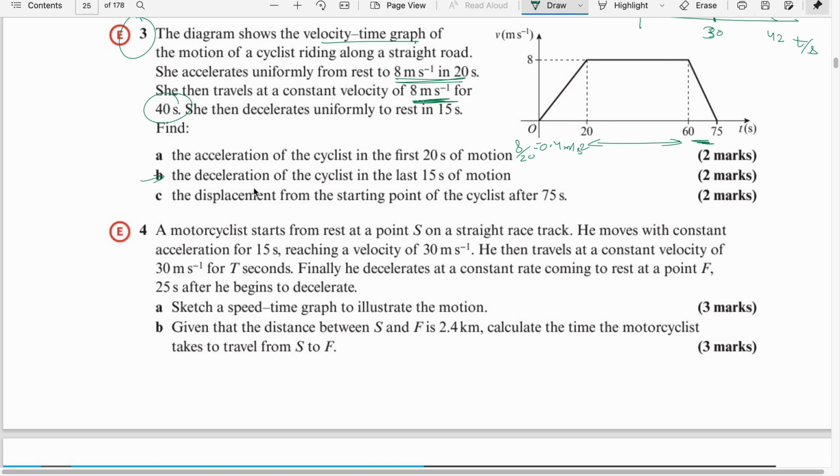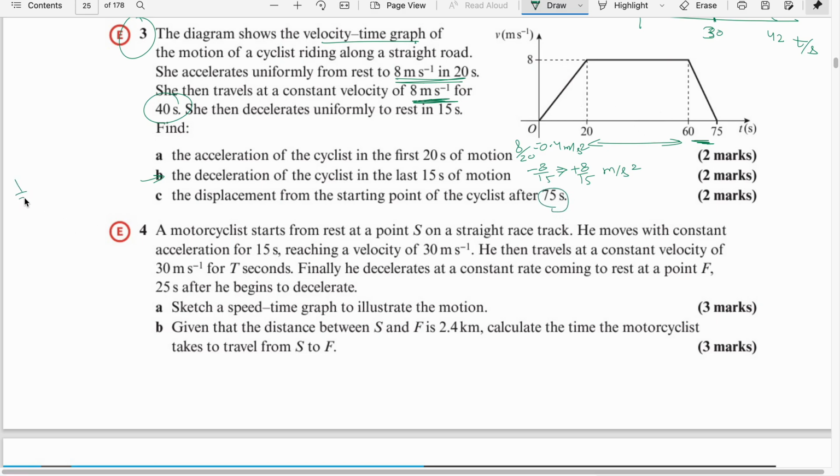B part. The deceleration of the cyclist. Again, the gradient of this section will give us the acceleration. So the gradient is basically minus 8 by 15. So deceleration would be positive 8 by 15, and the units are meters per second square. C part. The displacement from the starting point of the cyclist after 75 seconds.